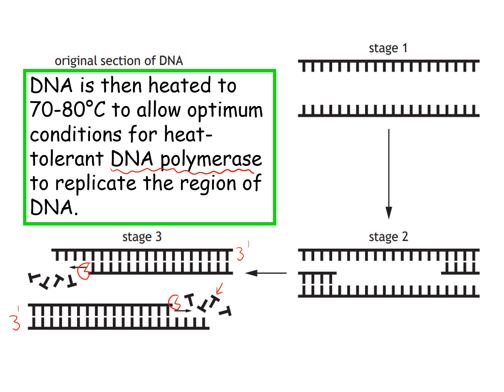So for stage three, we are heating the DNA back up to 70 to 80 degrees. And the reason that we do that is it is allowing optimum conditions for this enzyme, for the DNA polymerase to replicate that region of DNA. We also need to specify that the DNA polymerase is heat tolerant because it's going to have to be present during stage one when we heat that DNA to 92 to 98 degrees.